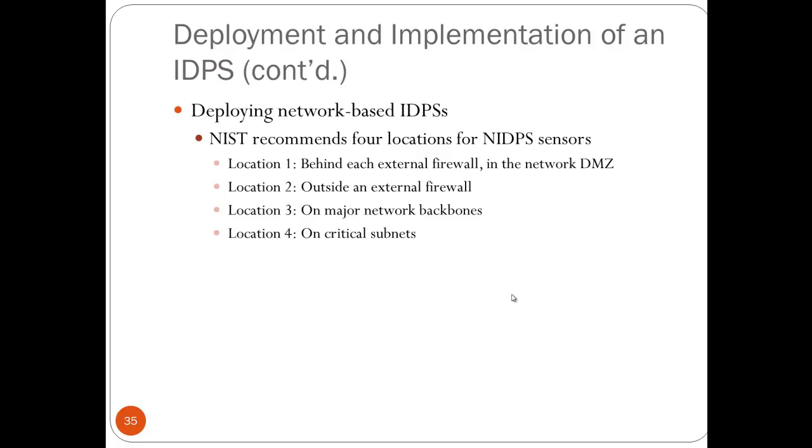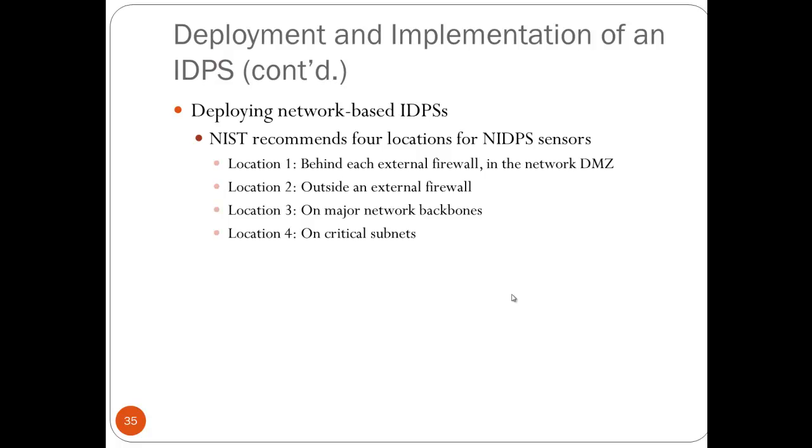We would want to put a sensor outside the external firewall to really document the number of attacks that originate on the internet that target the network, and to document the types of attacks originating on the internet that target the network. On location 3, major network backbones, we would want to put sensors in a spot where they can monitor large amounts of network traffic, increasing the chances of spotting an attack.